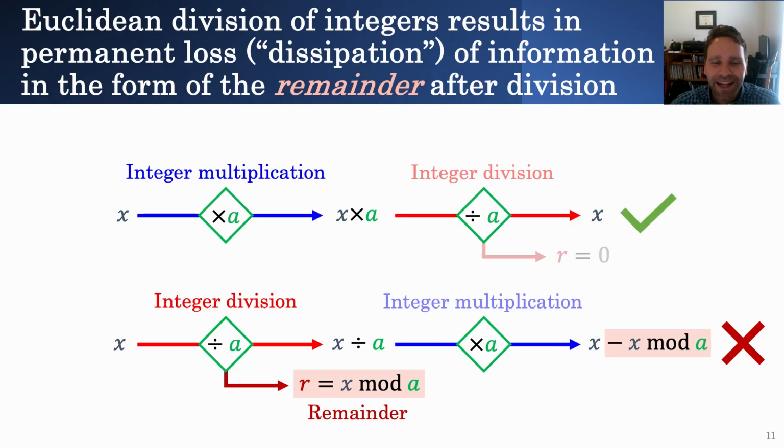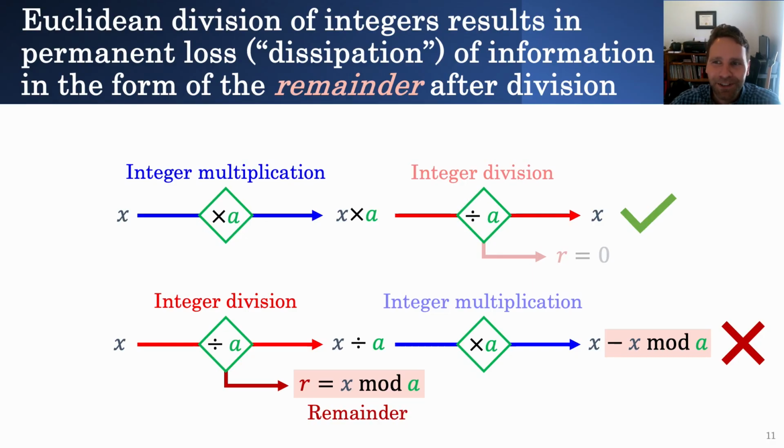And when I take x divided by a, which excludes that remainder or throws the remainder away, and then multiply again by a in an attempt to reverse the division operation, I'll get back a different number that isn't the original value that I put in. It differs by this term x modulo a, the remainder term that we got rid of when we carried out this integer division operation. And that's the problem.